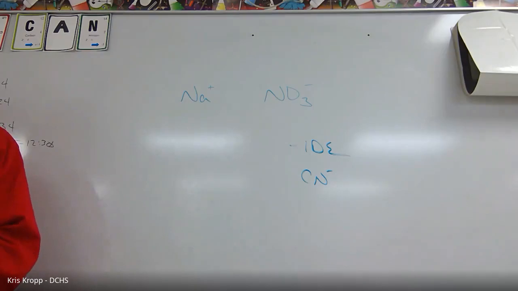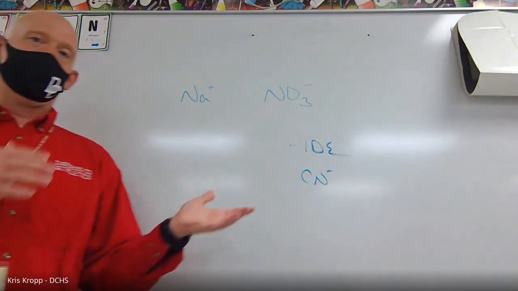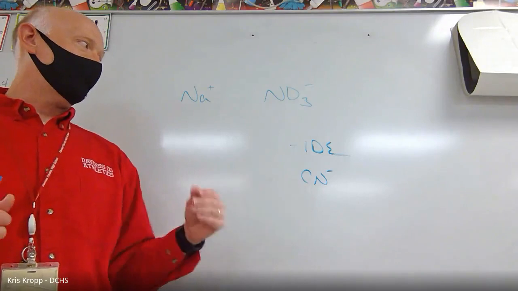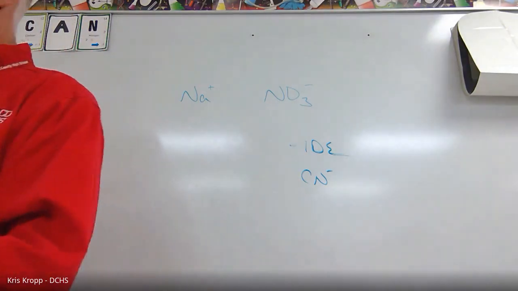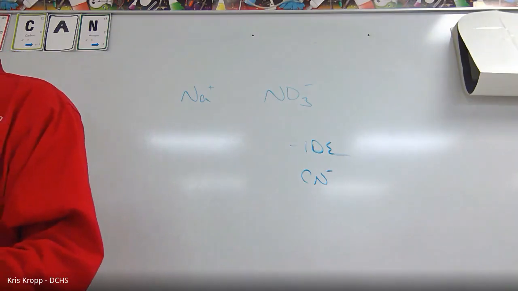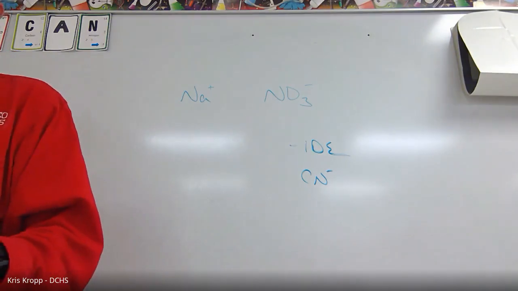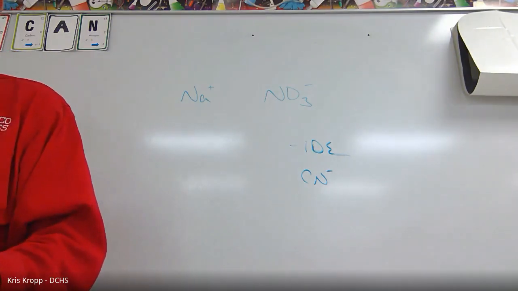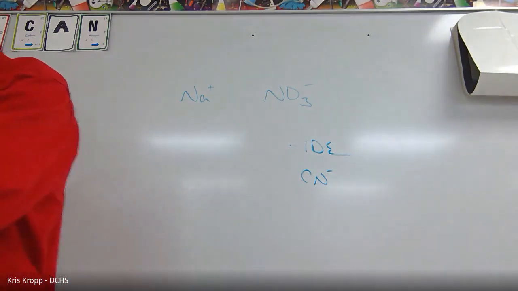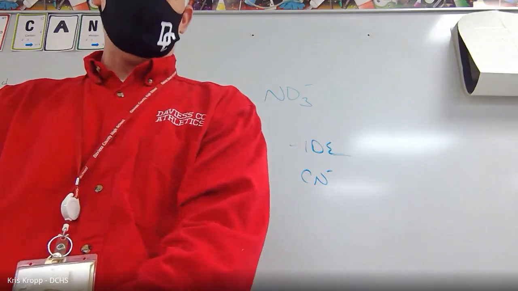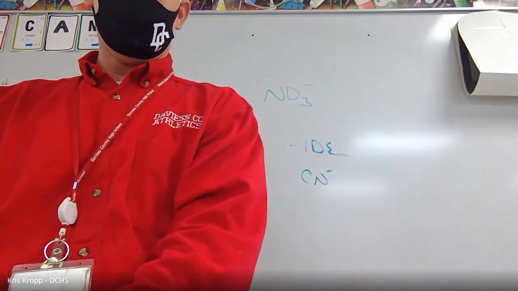Most of the polyatomic anions do not end in IDE unless they have no oxygens. So the oxygens end in ATE and ITE, and no oxygens end in IDE. Okay? But again, you look on the periodic table in that upper right-hand corner, and we can't find an element that starts with the prefix cyan. Right? There's no element cyan. So we know it's not monatomic. It must be somewhere on this sheet. Must be polyatomic. All right?